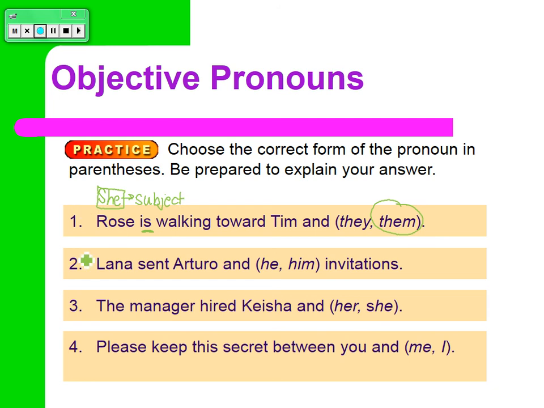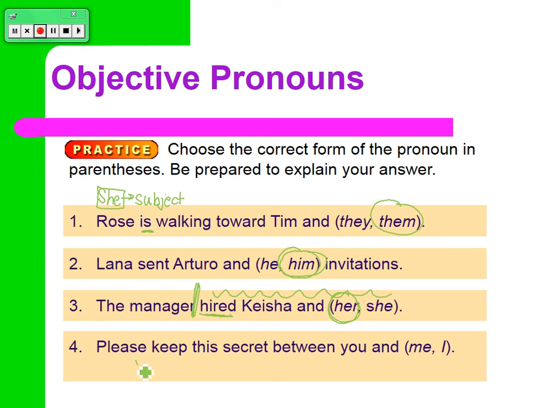All right. Number 2, Lana sent Arturo and blank invitations. Which one is the object pronoun? Okay. And number 3, the manager hired Keisha and blank. Who's doing the hiring? The manager. So he's the subject. This is the verb. The rest is the object. So I would use the object pronoun. Please keep the secret between you and me.